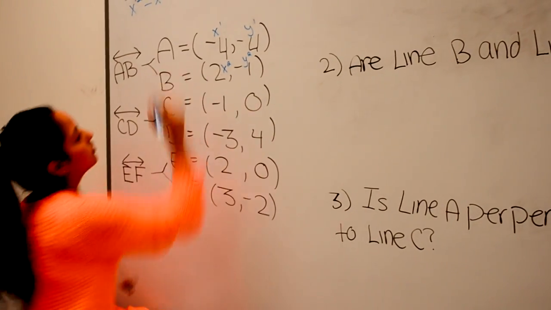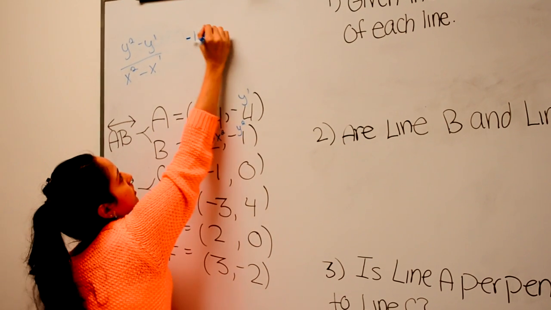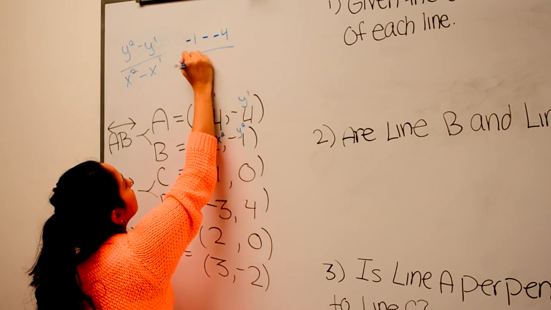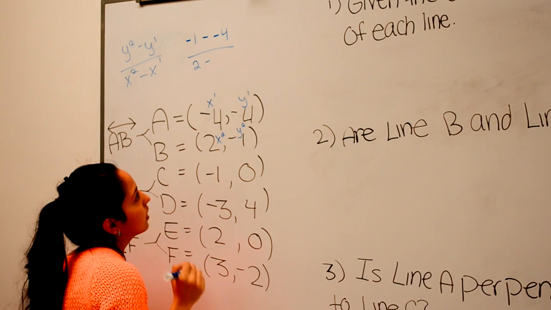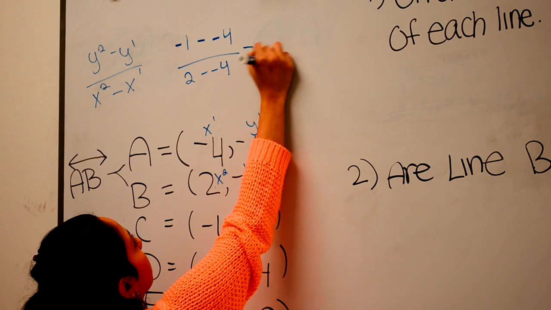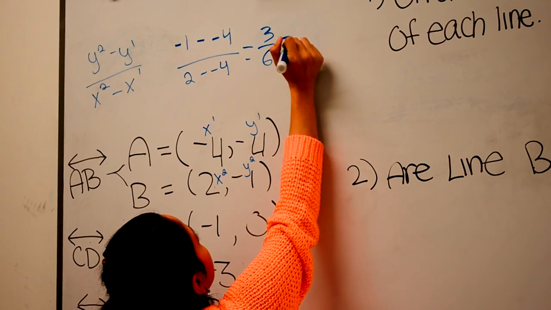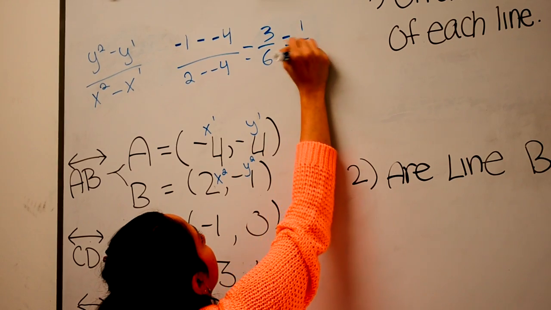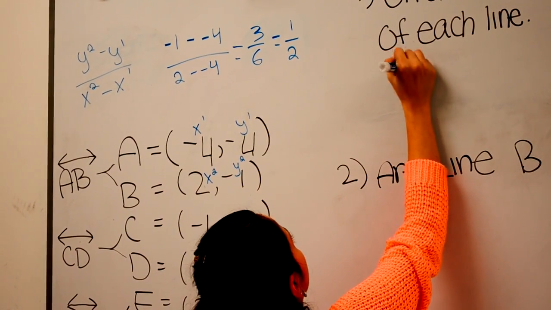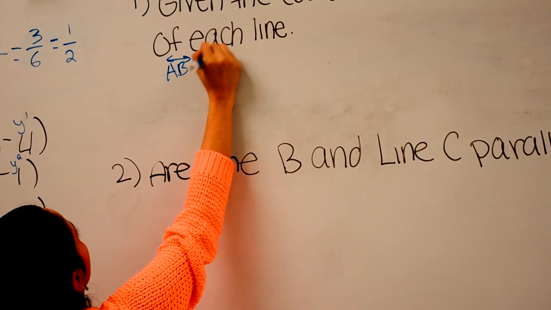So y2, which is -1, minus y1, which is -4, over x2, which is 2, minus x1, which is -4. Three over 6 is 1/2. So the slope of line AB is 1/2.